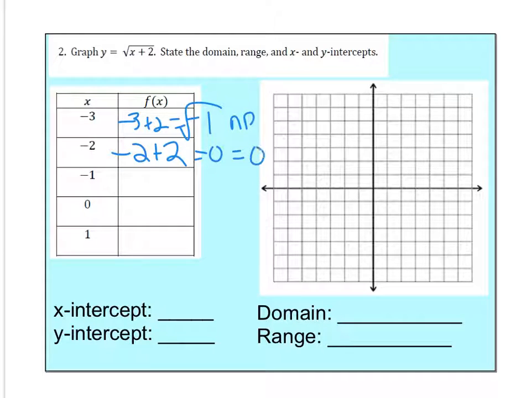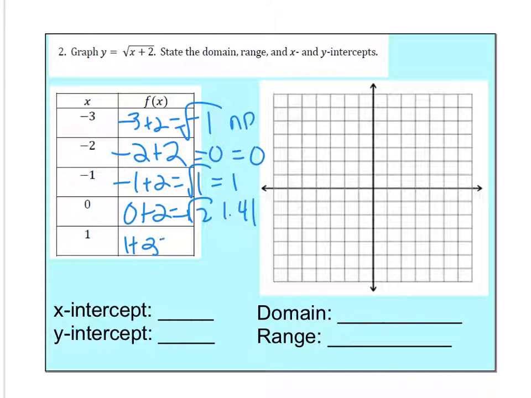So square root of 0 is going to be 0. Negative 1 plus 2 is going to be 1. Square root of 1 equals 1. 0 plus 2 is square root of 2, which is going to be 1.41.